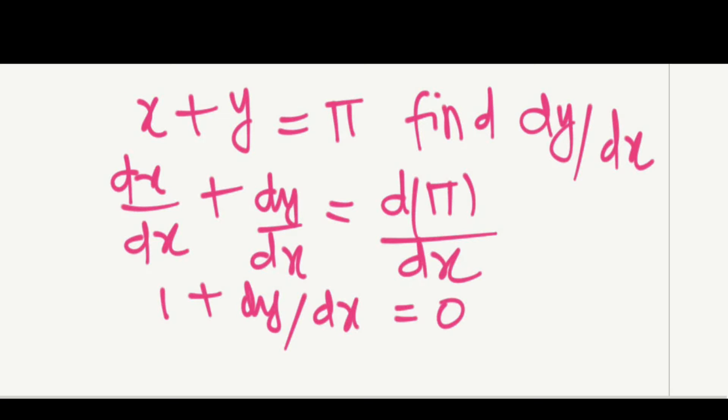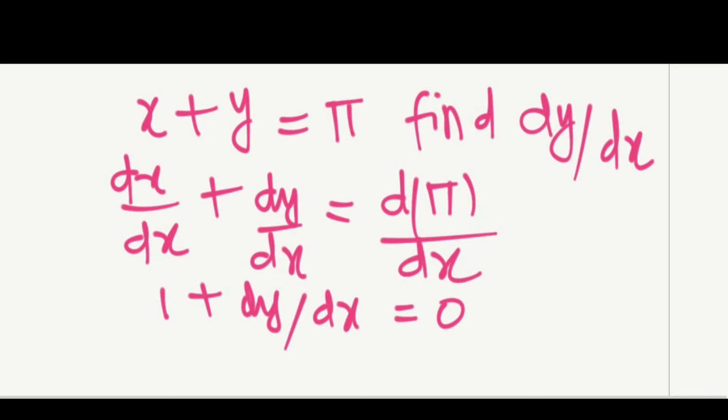I hope you got the point that we need to differentiate both the sides with respect to x. Now dx upon dx becomes 1, plus dy by dx, equals 0. Why 0? Because pi is a constant, and you remember the derivative of a constant function is always 0.